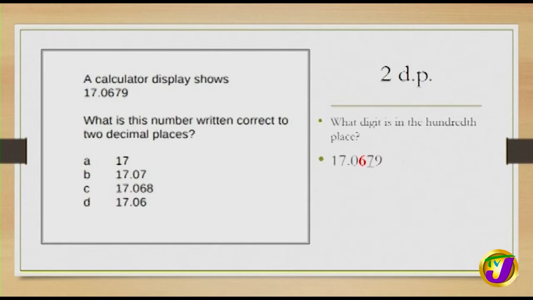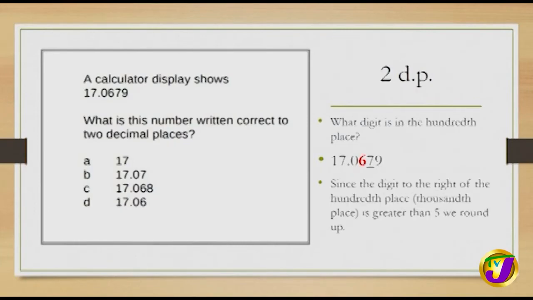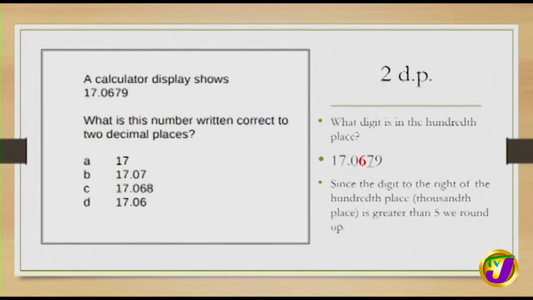We look to the right of 6, which is 7. And I know you're getting this now because I know you're probably saying I'm giving you so much of the same thing, and you get it now. So the 7 is greater than 5, so what do we do? Correct, we round up. We add 1 to the digit 6, so we have 1 more in the 100th place. So it becomes 17.07, and that is to 2 decimal places.